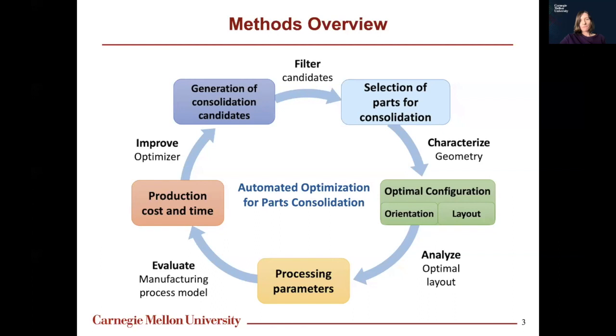For a short presentation, I'm going to focus in on how we created the method of generating the candidates for consolidation and evaluated them for reducing production costs and time, and some insights that we came out with. There's further details in the paper, and I just wanted to call out that this filtering process for structural redundancy was a contribution in the paper that is really important for reducing computational costs of the optimization process.